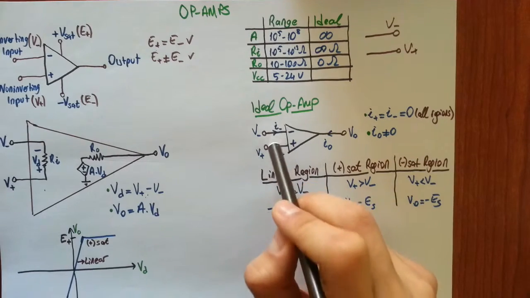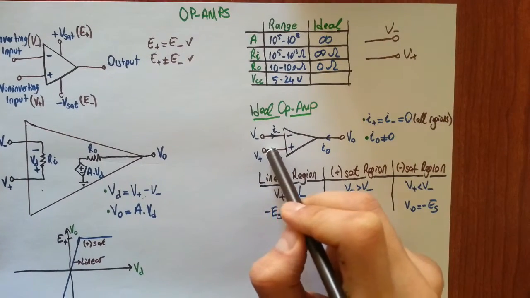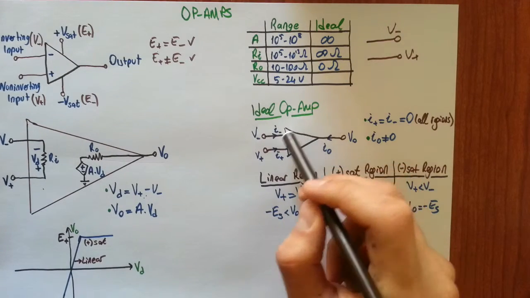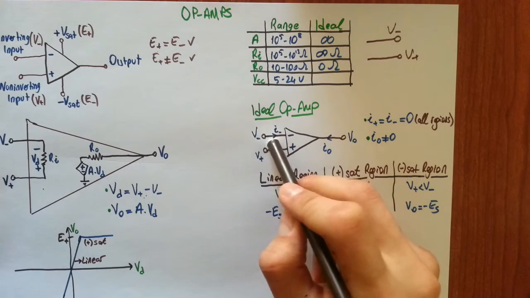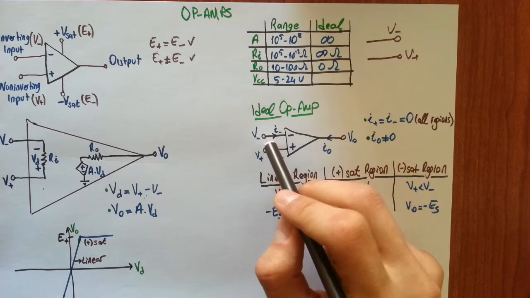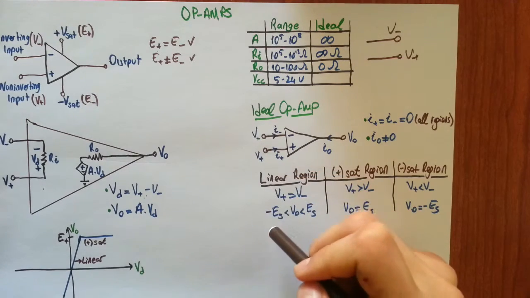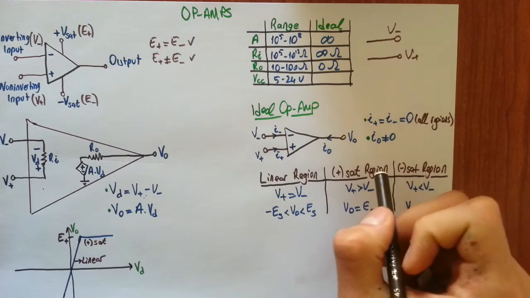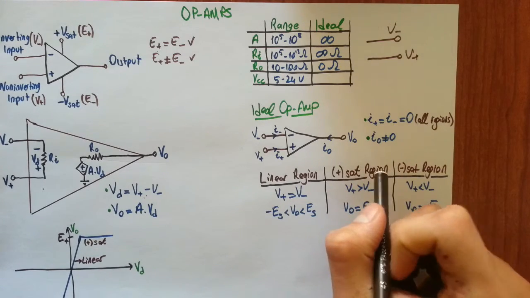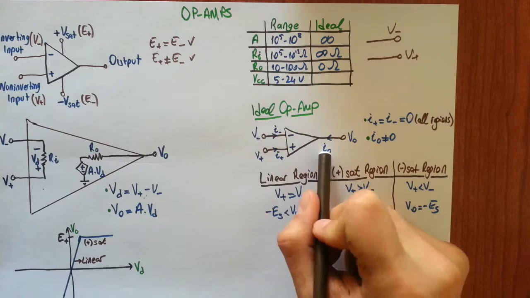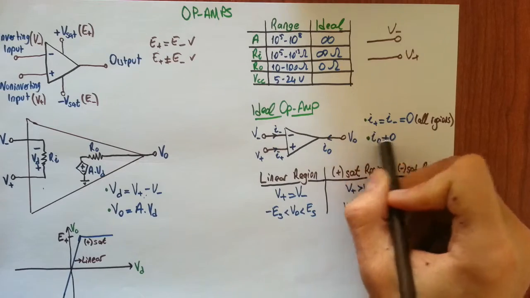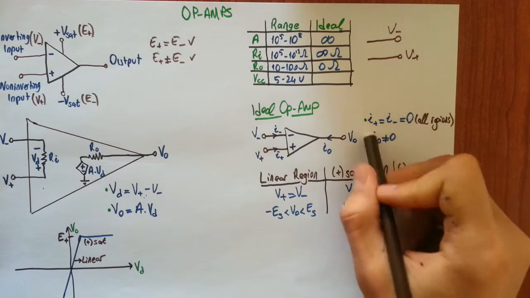There is no input current in an op-amp. So in every ideal op-amp question, you will assume that there is no current entering through inverting and non-inverting inputs. That's an important property of the ideal op-amp. But this output current does not necessarily have to be 0 amps. It could be any value, doesn't matter.